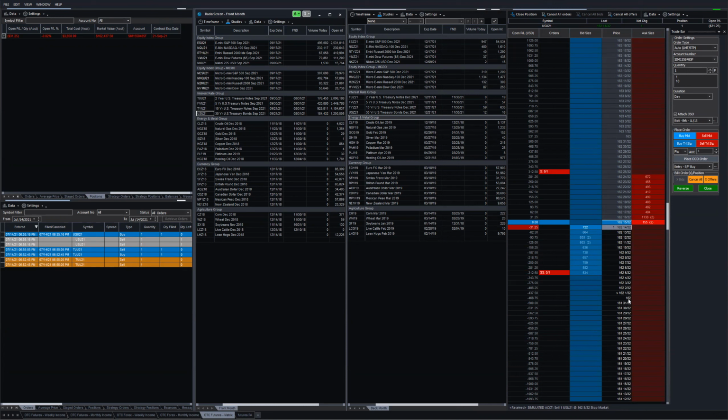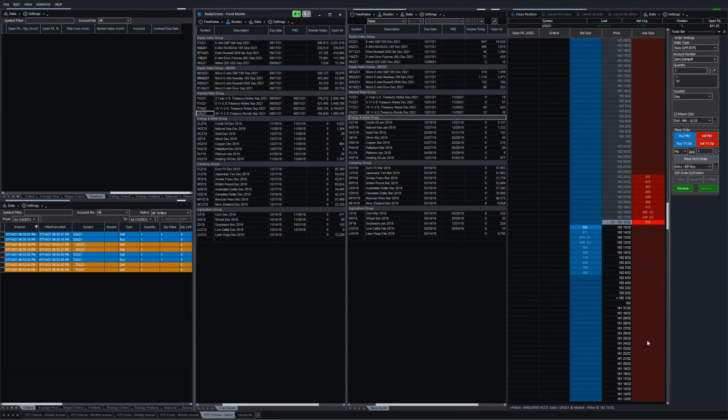You see here, it moves in 1/32, right? So basically 32 ticks equals 1 point. But when you place an order, you see this basically yourself. Close. All right.